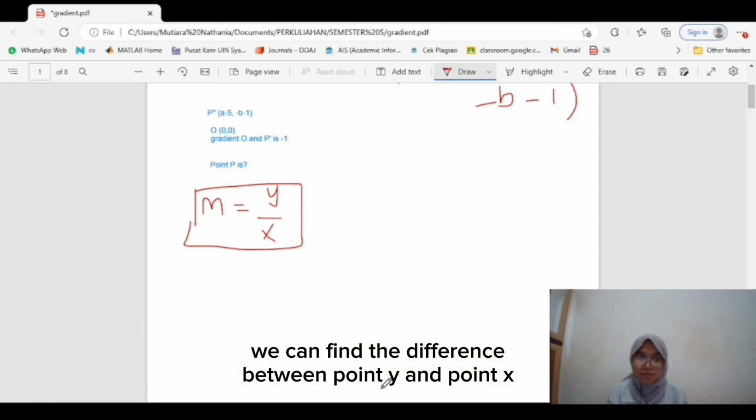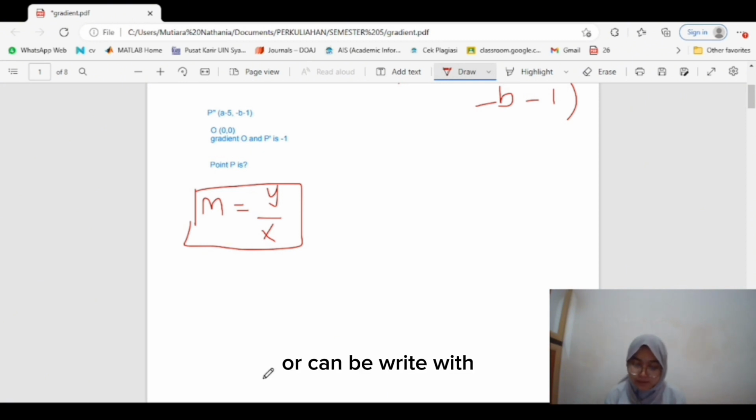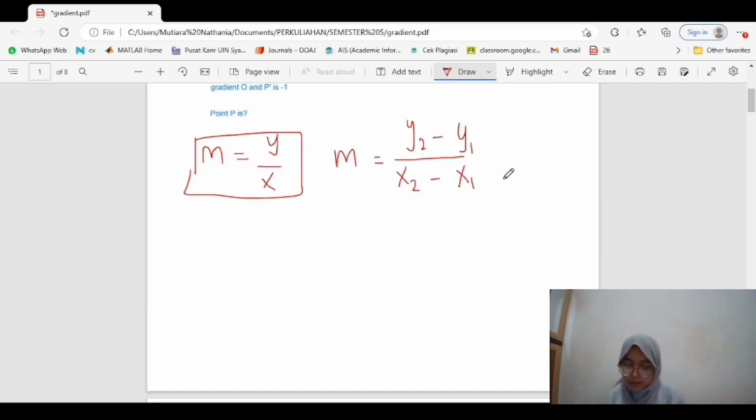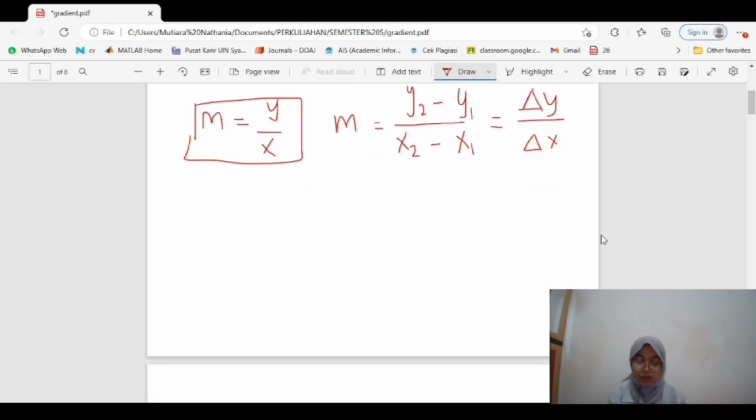We can find the difference between the y points and the x points, which can be written as m equals y2 minus y1 divided by x2 minus x1, or m equals delta y divided by delta x. From this explanation of the gradient, we can solve the problem using the concept of gradient through 2 points.